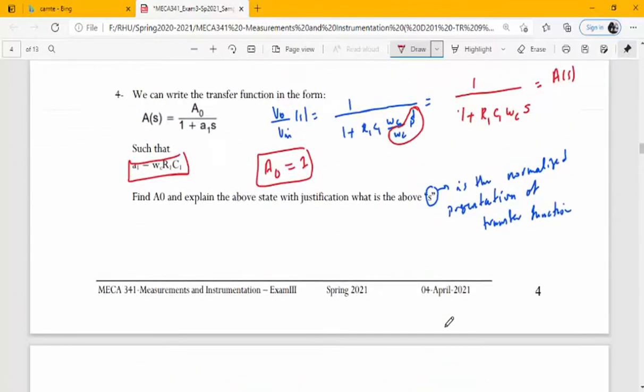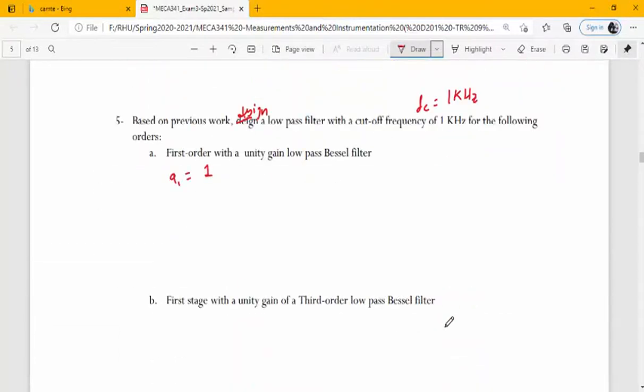Therefore, if we use this transfer function, this is A1, okay. So A1 equal to 1, which is equal to R1 C1 omega 1, or the cutoff frequency omega C, okay. We are given the cutoff frequency, okay, and we need to solve for R1 and C1, okay.